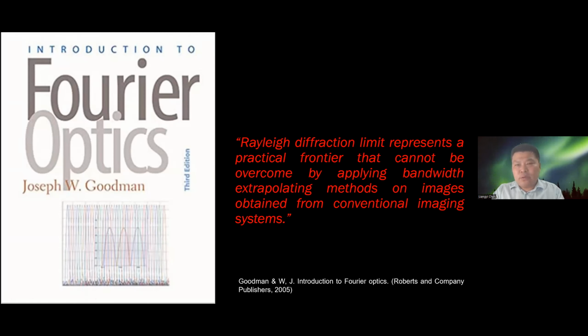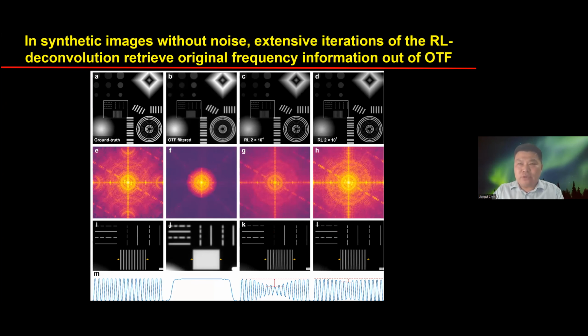So the first thing we want to resolve is whether iterative deconvolution will improve resolution. We make a simulation, because in a real sample you don't know the ground truth, but in a simulation we do. We have a ground truth image containing all kinds of frequency information, and we simulate it being imaged by a microscope.